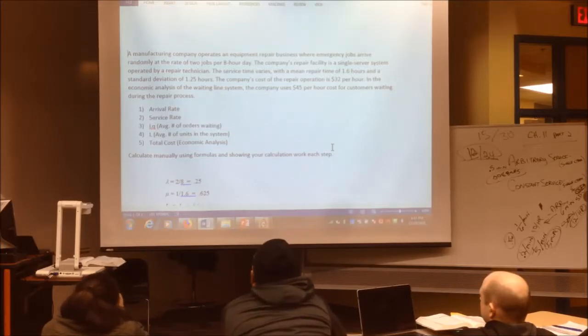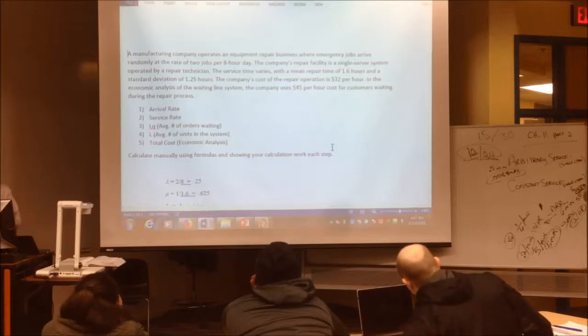Emergency jobs arrive randomly at a rate of 2 jobs per 8-hour day. It didn't tell you how much time between arrivals, but instead how many per unit of time. The unit of time is what's weird. It's 8 hours. So it's 2 per 8 hours.